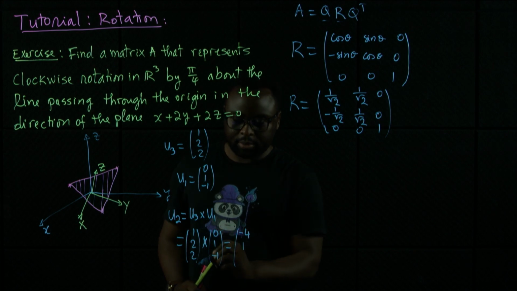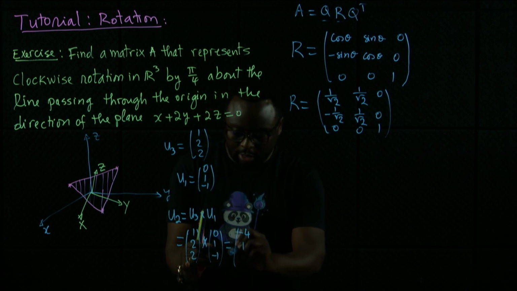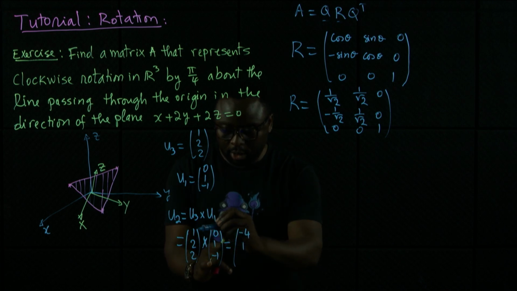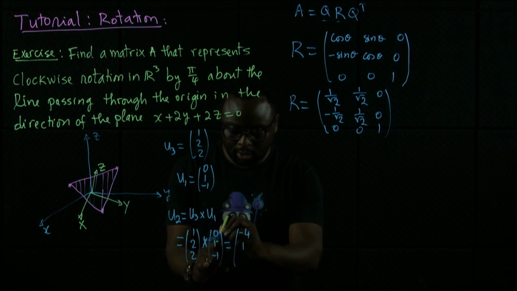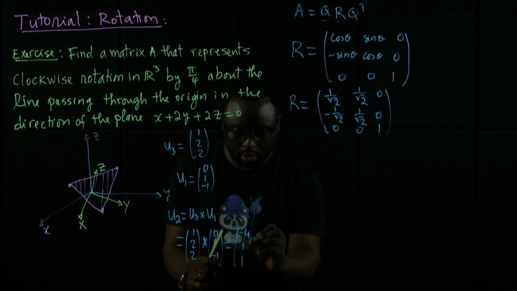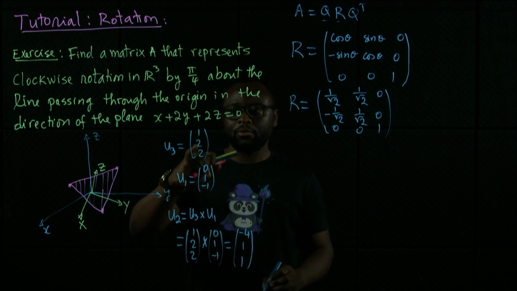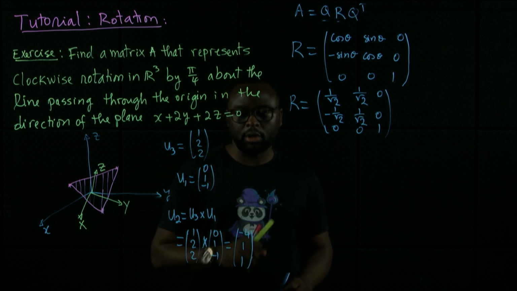And for the last entry, we remain with 1 times 1 is 1, minus 2 times 0, so 1. So this is the vector u2. We have u1, u2, and u3.